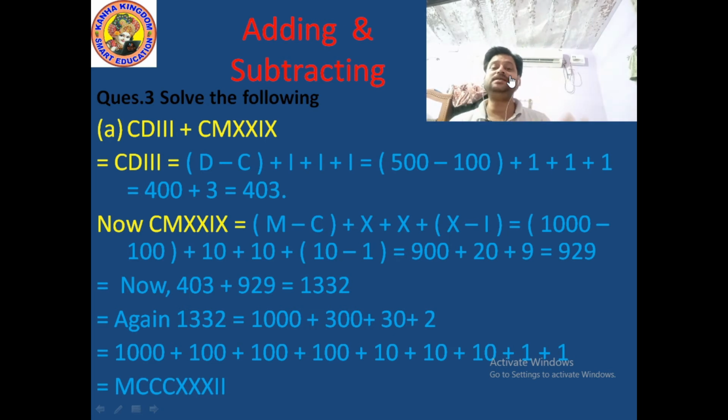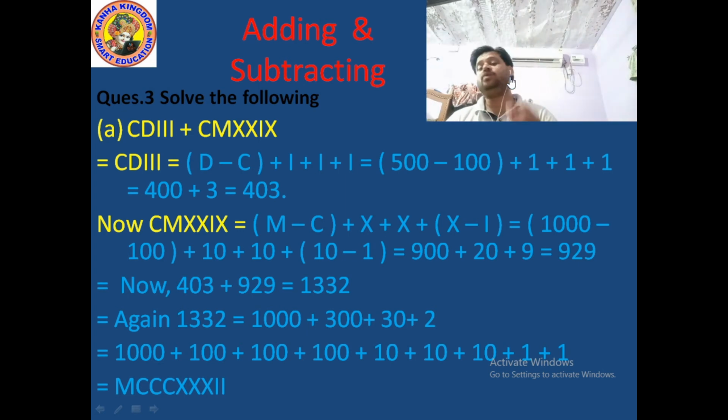This is CMXXIX. Again let's check, is this also in descending order? Is C greater than M? No. Again you make a bracket: first write M minus C, bracket close, plus X plus X. Then is I greater than X? No, again make a bracket and write X minus I, bracket close.